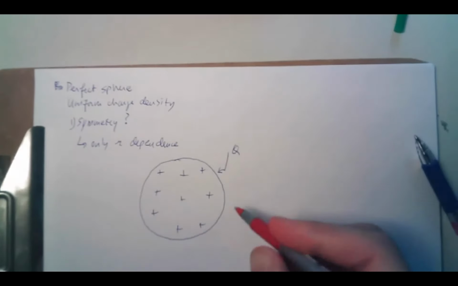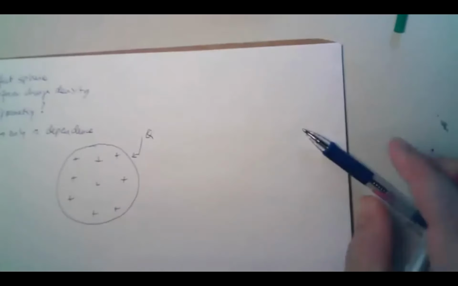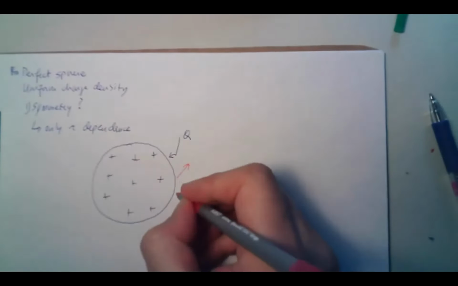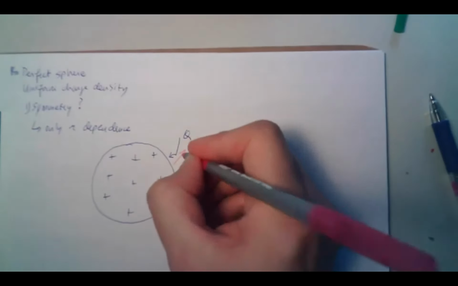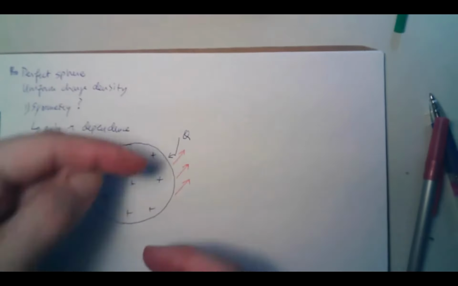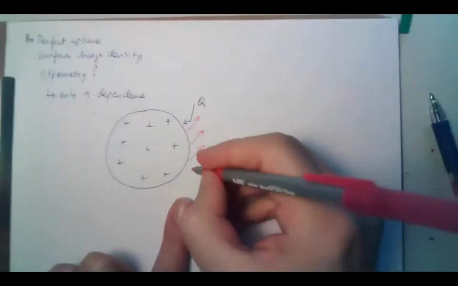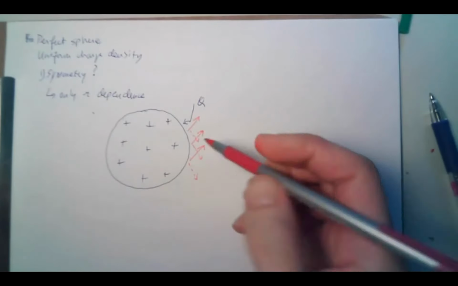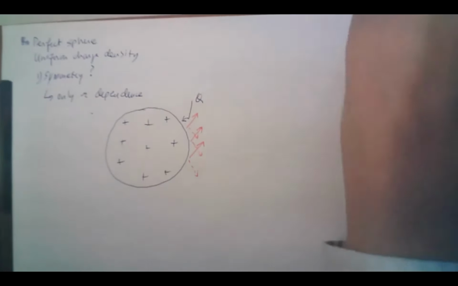And if I draw, again, electric field lines, for instance, I could have the field lines pointing like this. And again, I would not be allowed to do that because I could take the sphere, turn it over, and then these field lines would be pointing in the opposite direction. So you can't do that. So the only types of field lines that we're allowed to use are the field lines that point radially out.